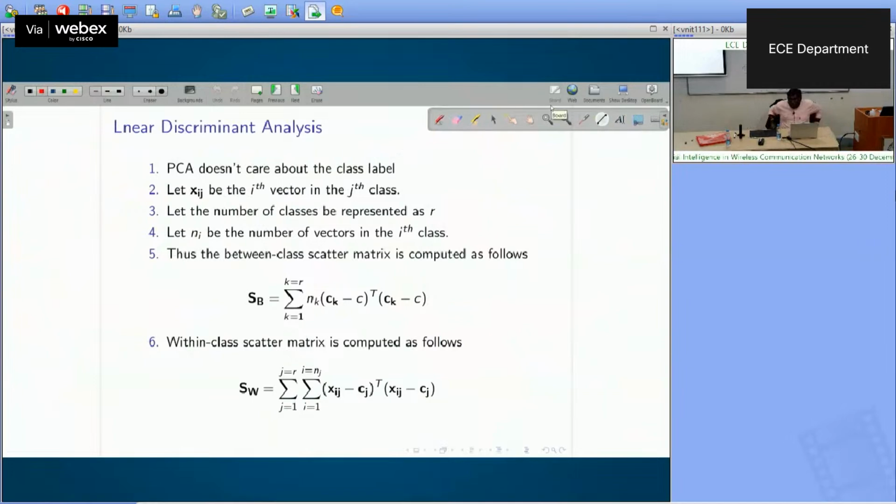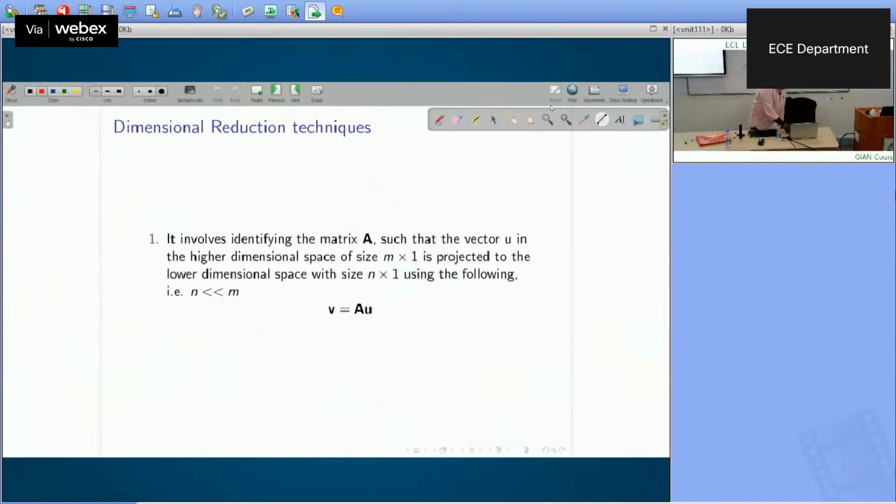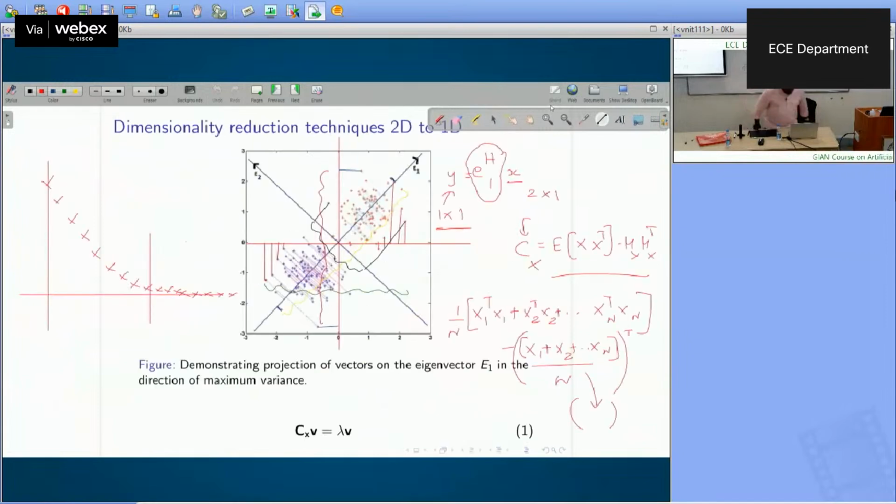The next topic we are going to discuss is linear discriminant analysis. Why is this needed? The same figure that you see here, now the color is needed for me.